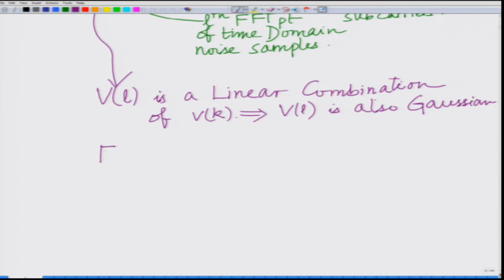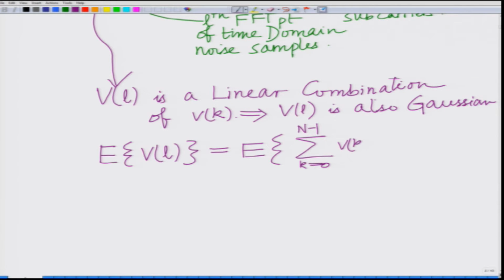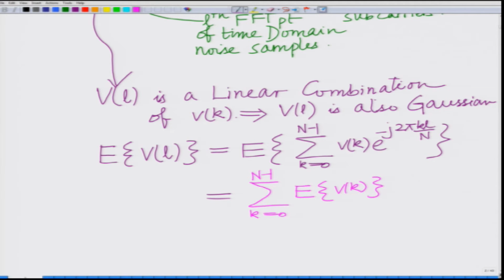Further, if you look at the expected value of VL, that is nothing but the expected value of summation k equal to 0 to n minus 1 Vk e to the power of minus j 2 pi kL over n. Taking the expectation operator inside, this is summation k equal to 0 to n minus 1 expected value of Vk e to the power of minus j 2 pi kL divided by n.